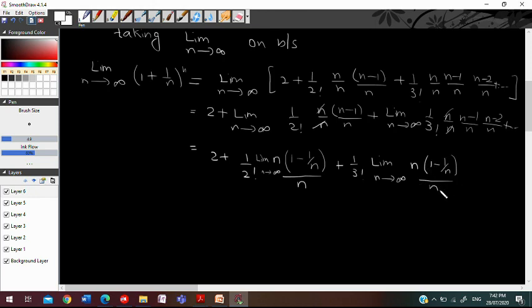Again here, if I take n as common, I have 1 minus 2 by n divided by n, plus up to so on. Why am I doing this?